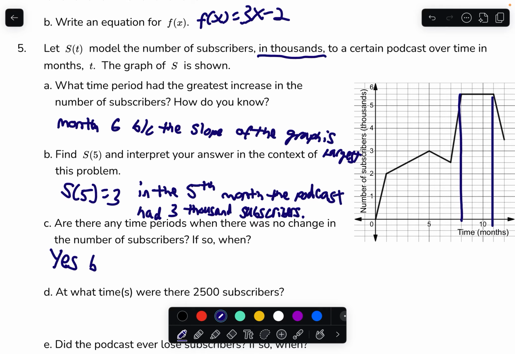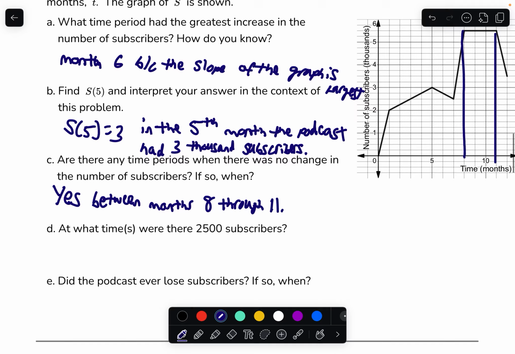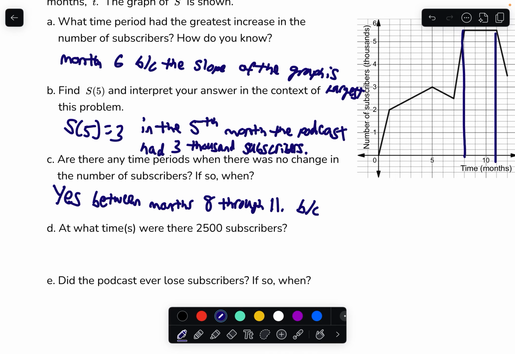Between months 8 and through 11. Okay, and you could say because, even though they don't ask, because the graph is flat.